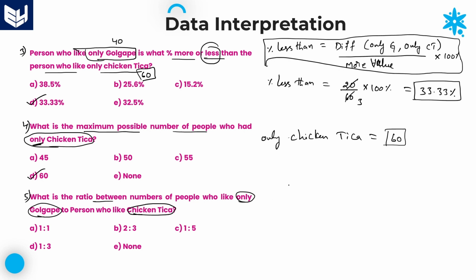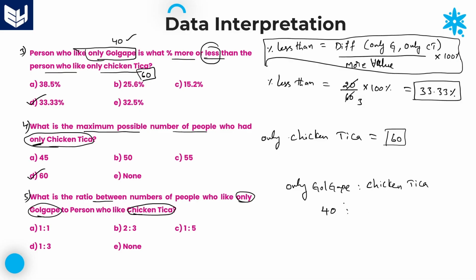Now, here it is very important. You need to take the ratio of only golgape to the number of people who are liking chicken tikka. Only golgape, that is 40 members.